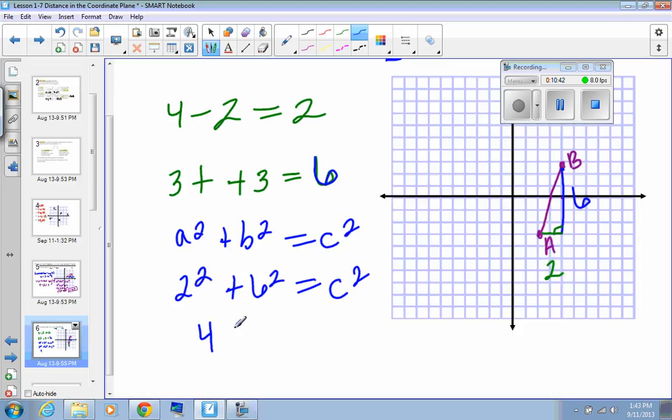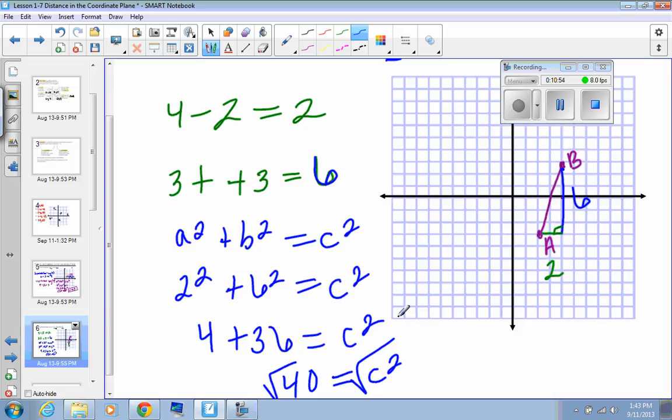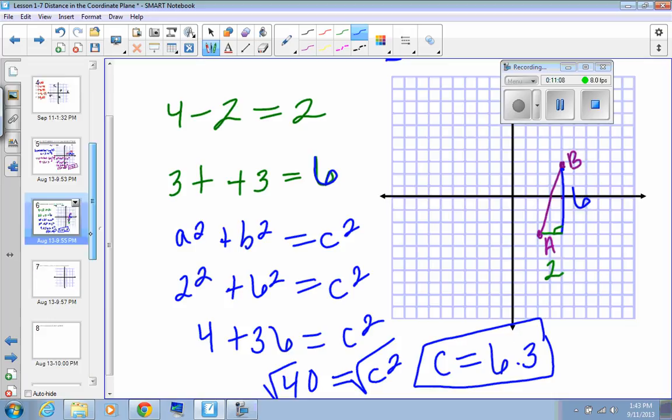So 4 plus 36 equals c squared. 36 plus 4 is 40. And we're going to take the square root, find that on your calculator, get a decimal. We're going to round to the tenth, so it's 6 and 3/10. So the distance between B and A is 6 and 3/10.